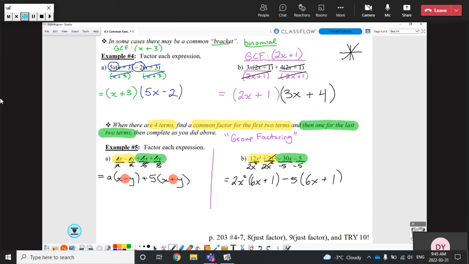We're dividing this by 6x plus 1, we're dividing that by 6x plus 1, and we're going to keep the 6x plus 1 out front. And our result after dividing is going to be 2x squared minus 5.